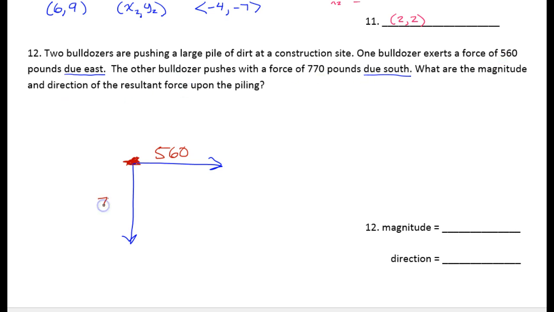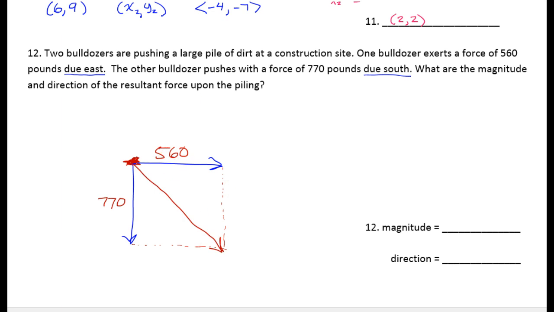So this is 770 pounds. We want the magnitude and direction of the resultant force. The resultant force is going to be the diagonal of this parallelogram. So the resultant force is going to be this diagonal right here.